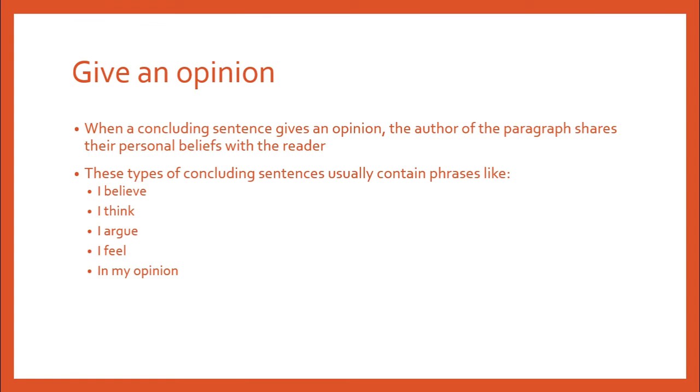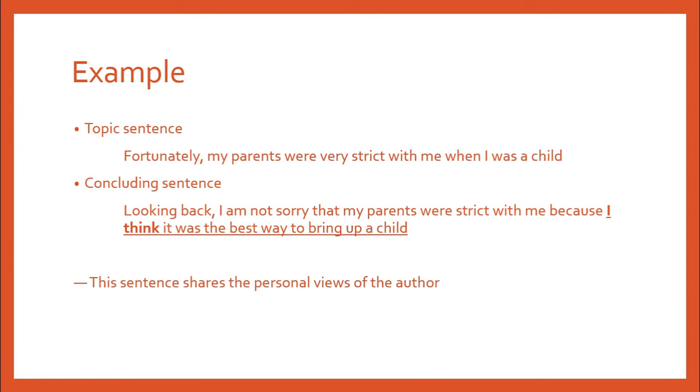But they usually have words or phrases like I believe, or I think, or I feel, in my opinion, I argue. These kinds of things indicate to the reader what the author of the paragraph believes and what their personal thoughts or feelings about a topic are. So I'll show you an example of that now.